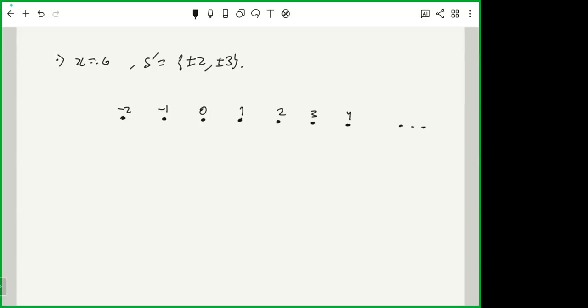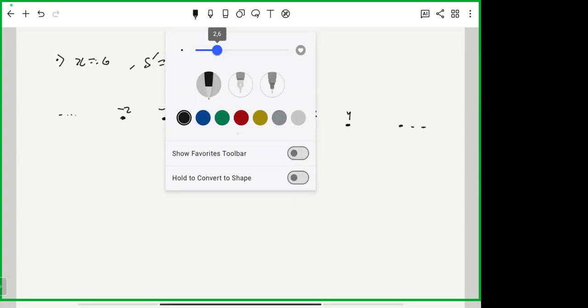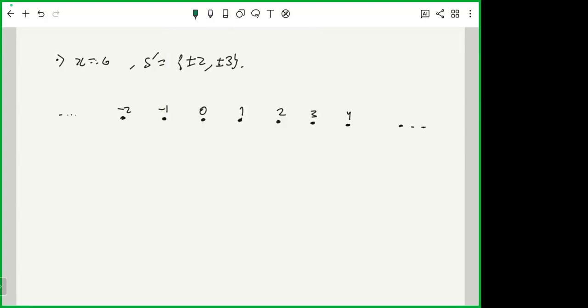So this goes on to infinity. The edges corresponding to plus minus 2, I will draw in green. So 0 is connected to 2 and to minus 2, and so on. 1 is connected to 3, 2 is connected to 4, minus 1 is connected to 1.